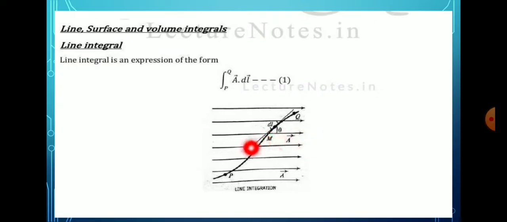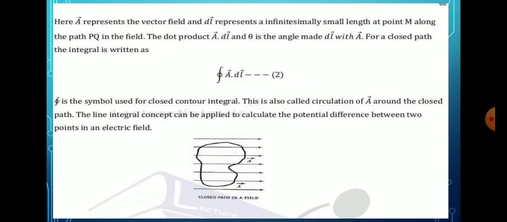Then we get A bar dot dl, where the angle makes a cosine. So that here we get the equation A bar dot dl is equal to A dl cos theta. If we integrate this dot product, that is A bar dot dl between P and Q, it becomes the line integral.